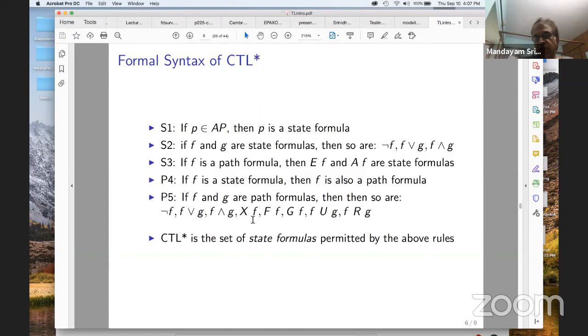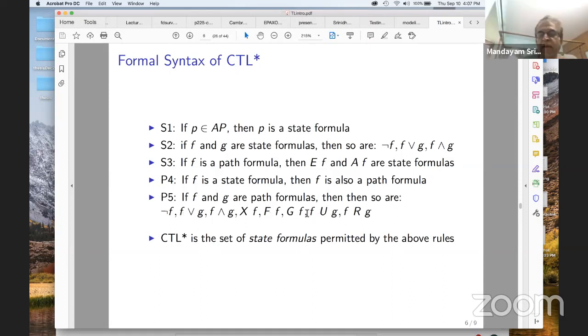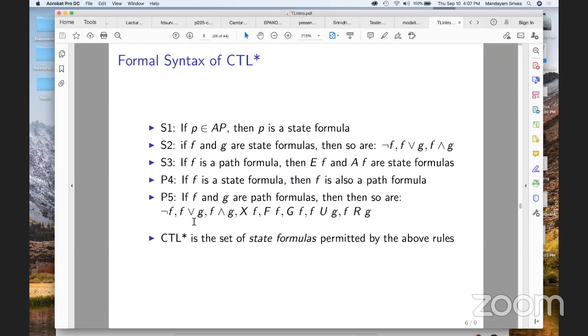For example, F of F is true of a path; the way it is defined, it only makes sense for paths. So these are exactly the cases that are path formulas but not state formulas. Don't get confused. Those other ones can be both state formulas and path formulas.